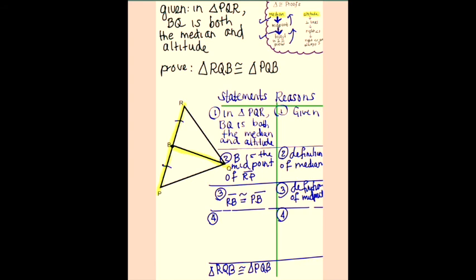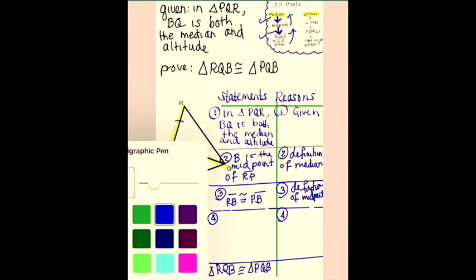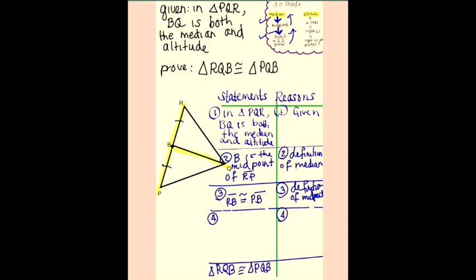So I write this as line BQ is perpendicular to line RP. And that is because of the definition of altitude. Okay, so I use this statement.